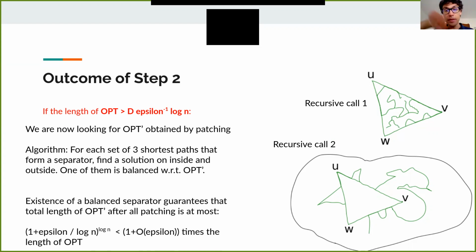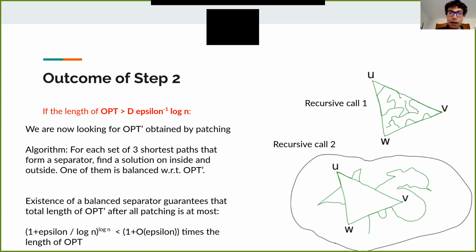So there are n cubed of them because I just need to find 3 vertices and get the 3 shortest paths. This gives me an inside and an outside. And I'm going to assume, for one of these choices, it's correct in the sense that the 3 shortest paths are all in opt prime, and the inside and outside are balanced in terms of opt.